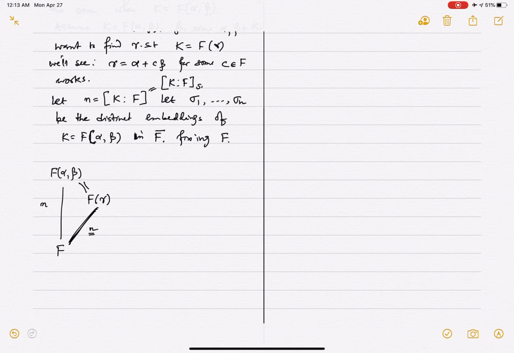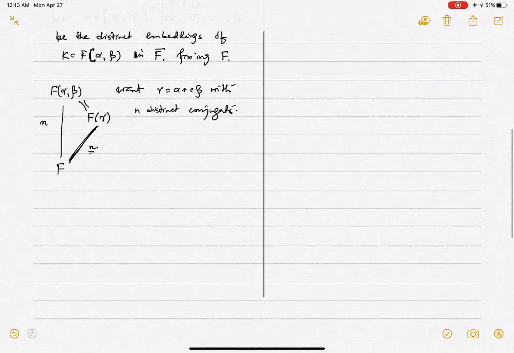So if you want gamma to look like this, n distinct conjugates. But what are the conjugates of this guy? They are just sigma i of alpha plus c beta, i equal to 1, 2, 3, 4 up to n.